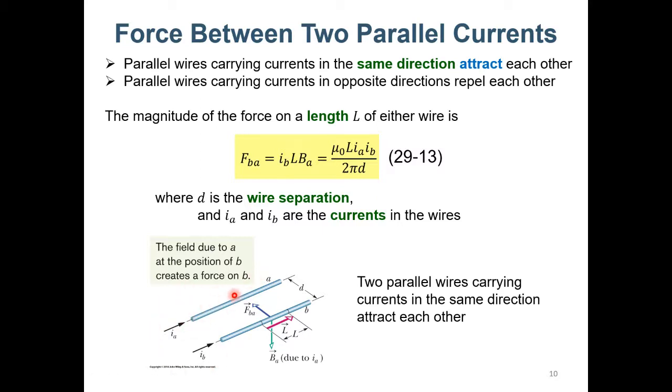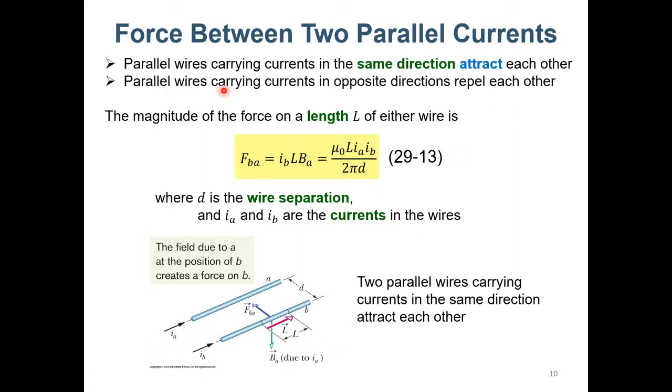They don't need to be the same current. Only the direction of the current concerns. So it tells you that if IA and IB are in the same direction, then these two wires will attract each other.